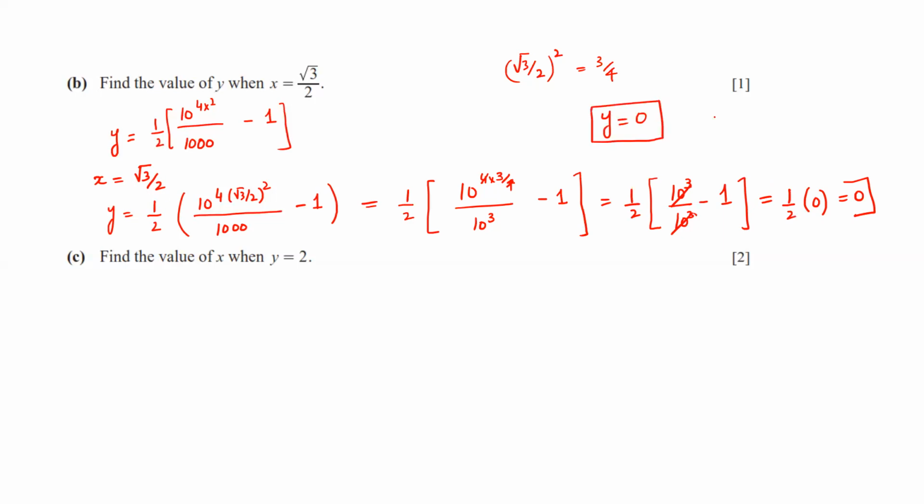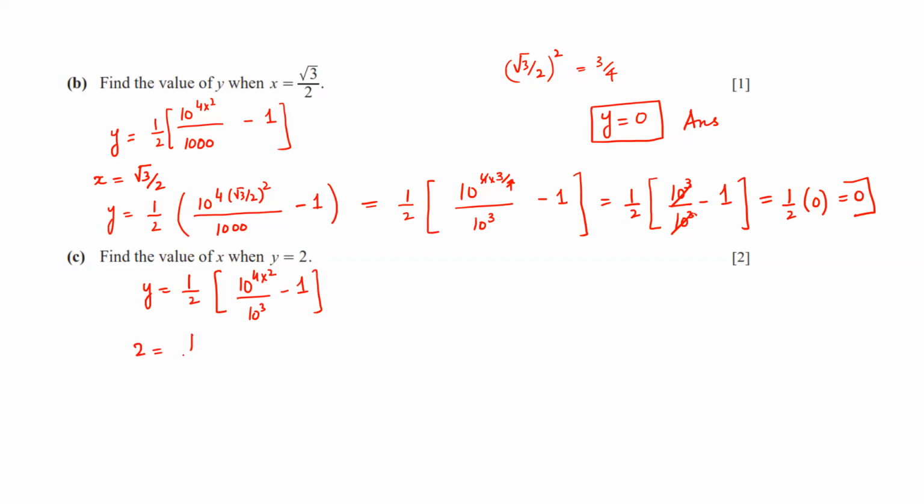Make sure you specify this answer for the examiner to be able to see properly that you have calculated it. Then it says find the value of x when y is equal to 2. Again, use the same equation, y equals 1 by 2, 10 raised to power 4x square over 10 power cube minus 1, and put y equal to 2.